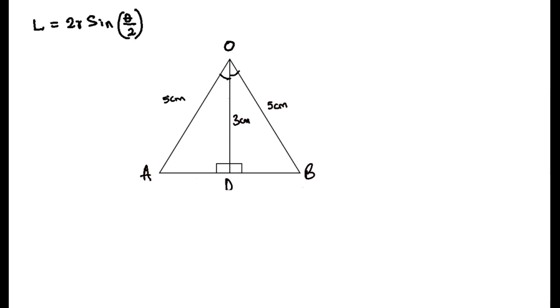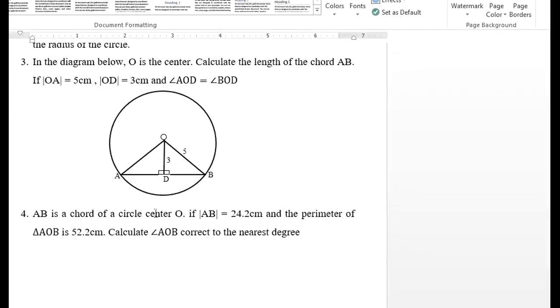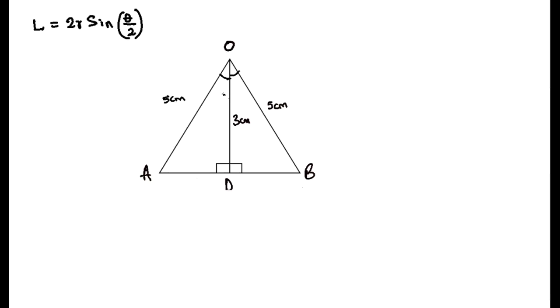Already we know our radius from the question. We are told that the radius is 5 meters. Yes, even looking at the diagram, the line from center to the circumference is 5, so the radius is 5 centimeters. So I'm told that OA is 5 centimeters as well.